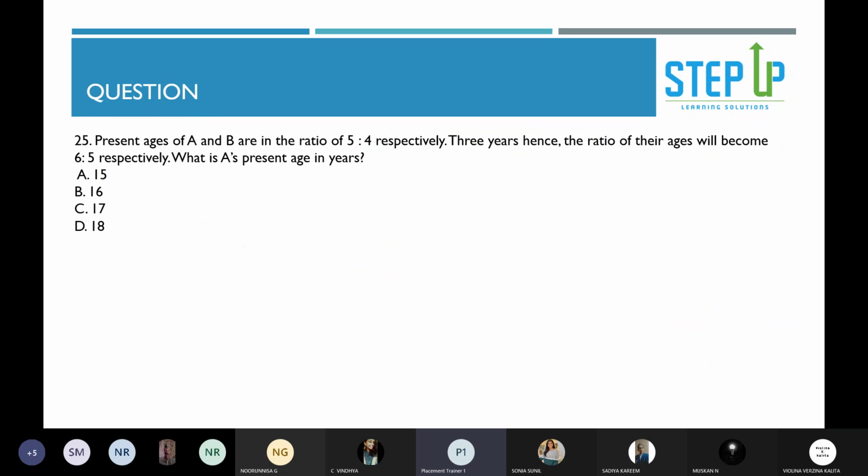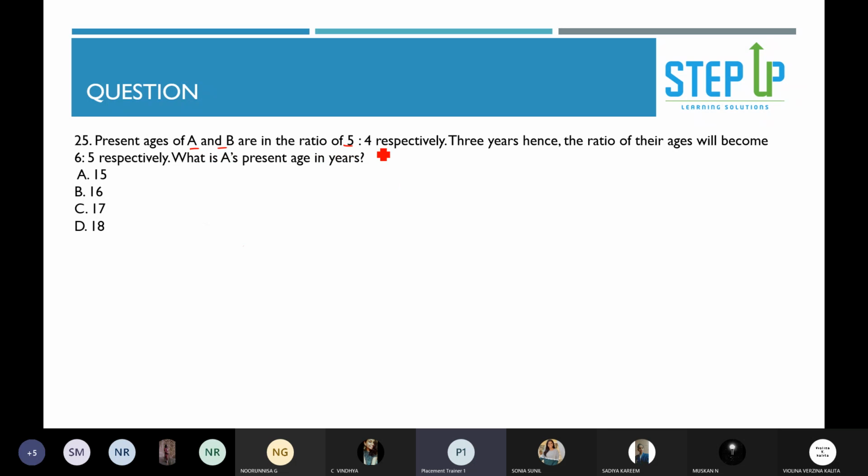Try this one. What is the present age of A and B?